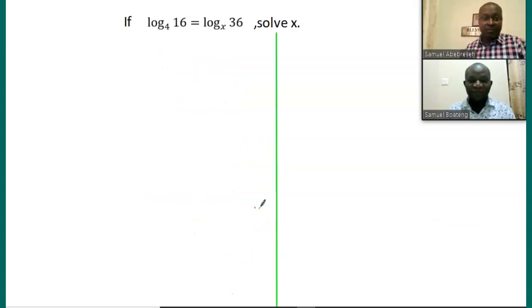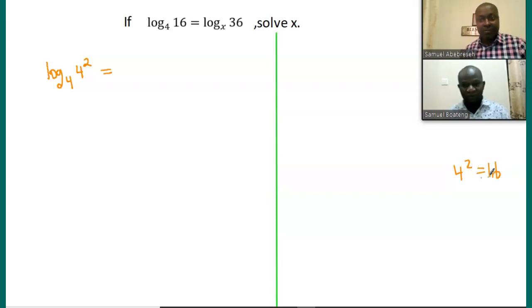Log 16 to the base 4 is equal to log 36 to the base x. Solve for x. This question too, we can still use the definition of logarithm. Looking at the left-hand side, we can rewrite it as log to the base 4 of 16 raised to the power 2, is equal to log 36 base x.